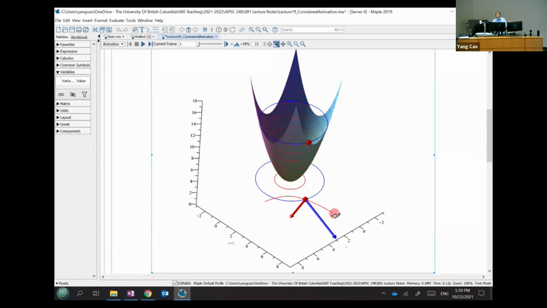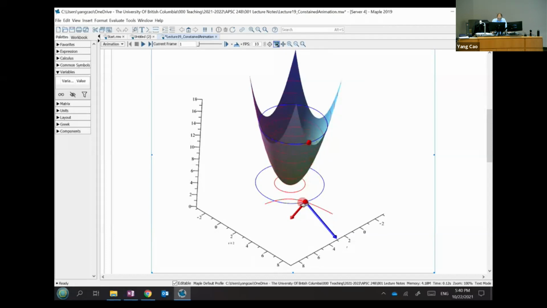Now I can move around and observe the relationship between the red and the blue, and also observe the dots. The dot is person B. This is person A.